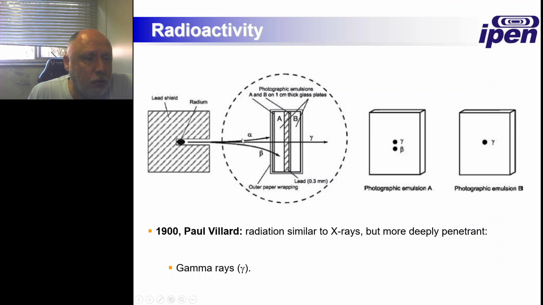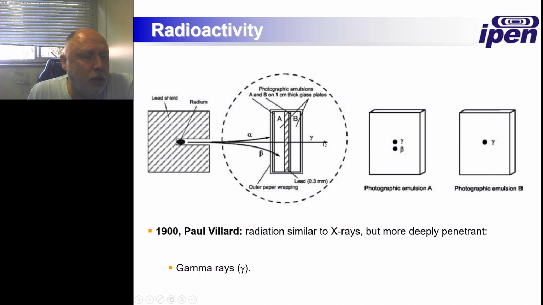So they called the first one alpha, and it was clear that alpha particles were positive and heavy. There was beta, this one they called beta particles. It was clear that they were lighter than alphas, they were negatively charged, and they could penetrate matter a bit more.